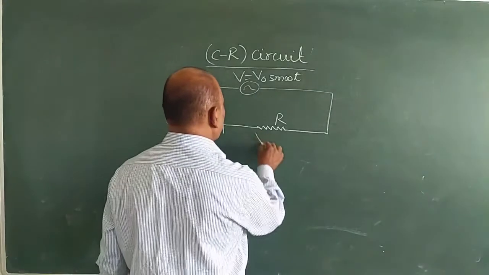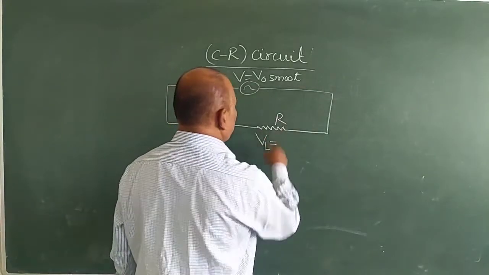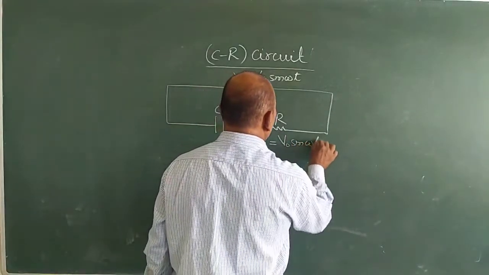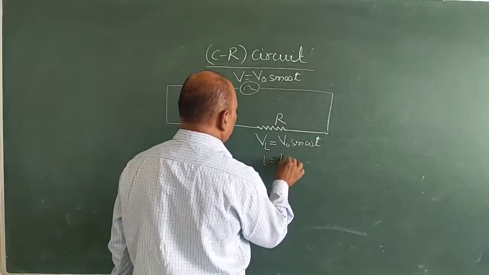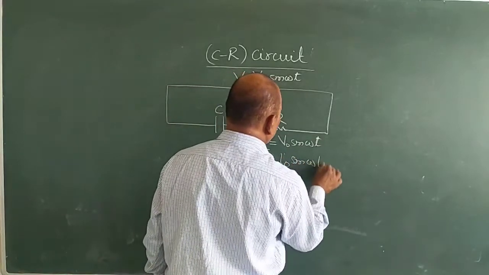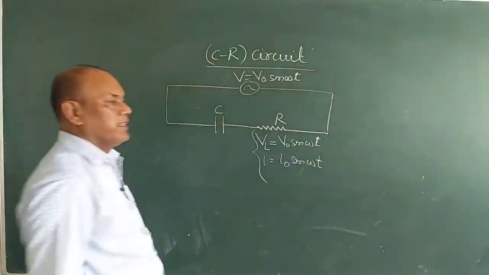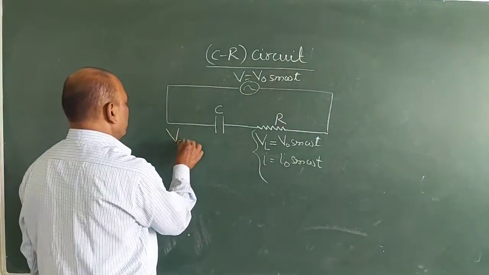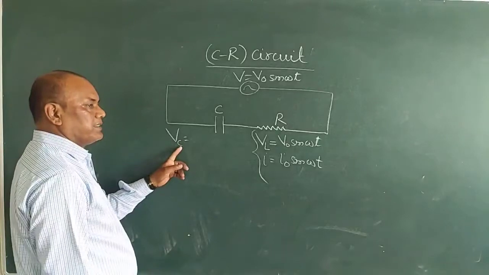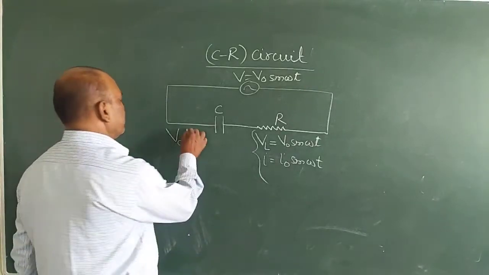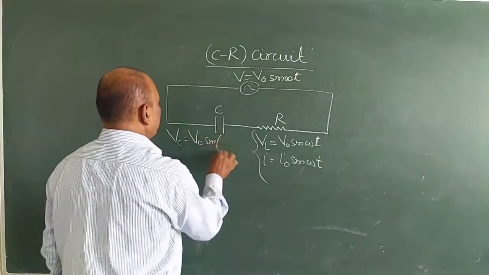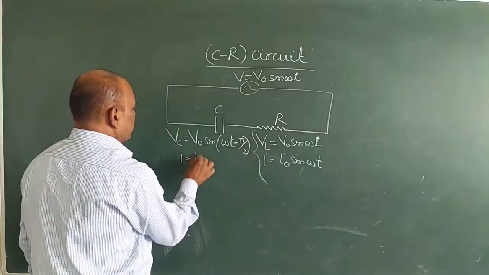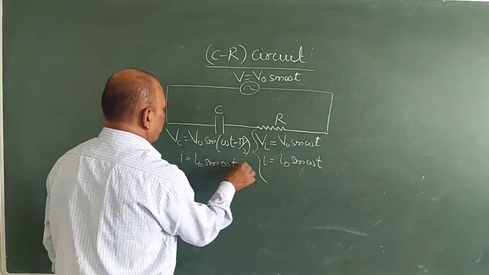Now here, voltage across the resistance will be V0 sin omega t and I is equal to I0 sin omega t, because both are in the same phase. But in the case of capacitance, we know that voltage lags behind. So V is V0 sin (omega t minus pi by 2) and I is equal to I0 sin omega t.